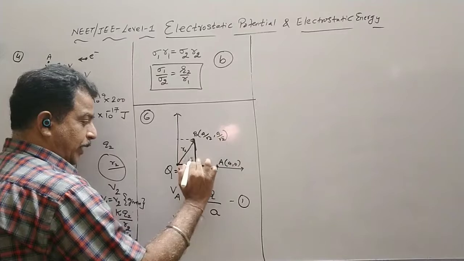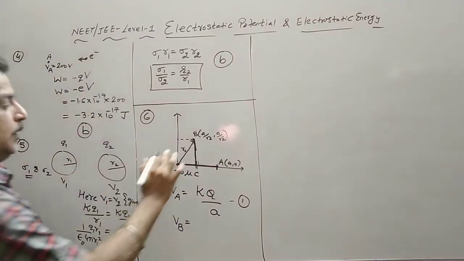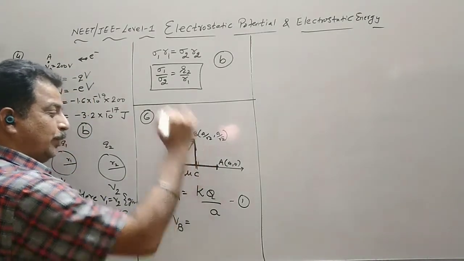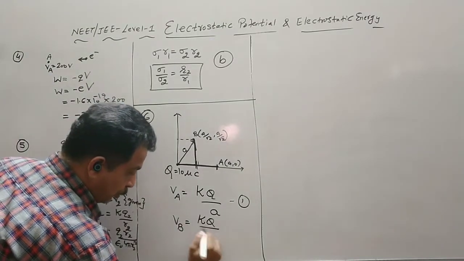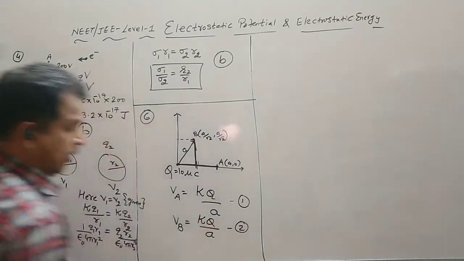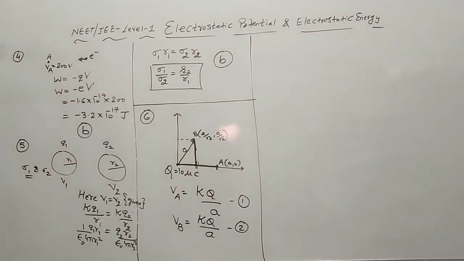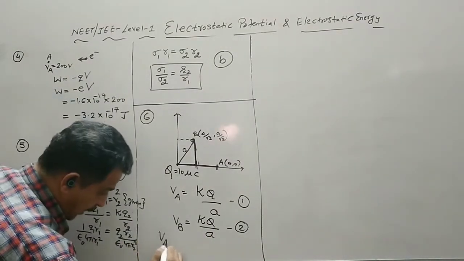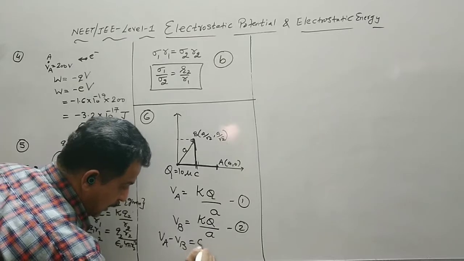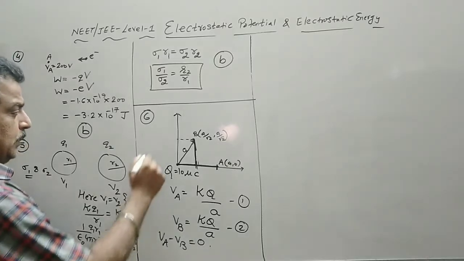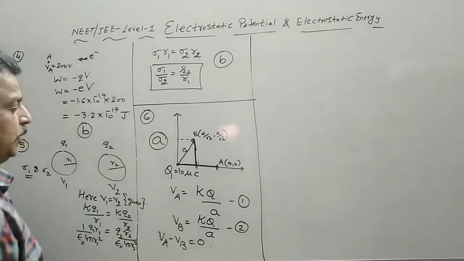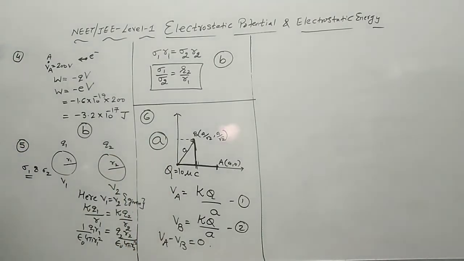So if you apply the Pythagoras theorem, this distance comes out to be A. So the potential becomes K source upon A again. So now we have to find out the potential difference. So VA minus VB is equal to 0. So the potential difference between these 2 points is 0. So as per option, your answer should be A.